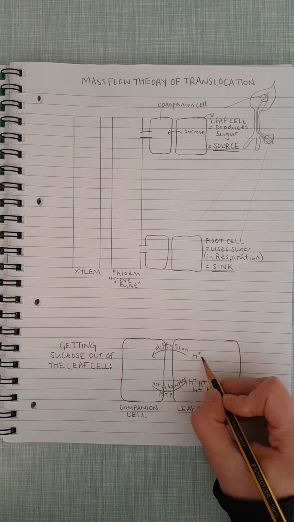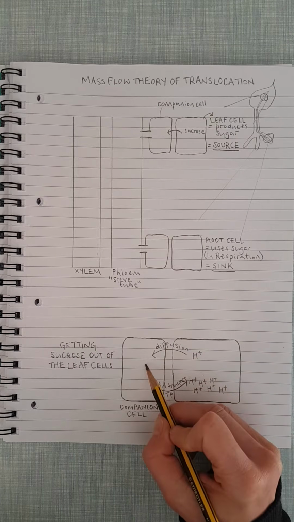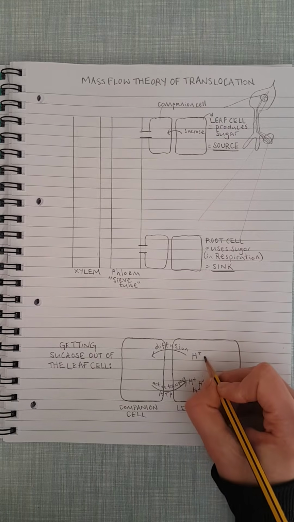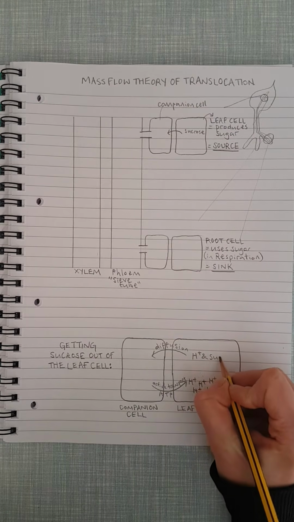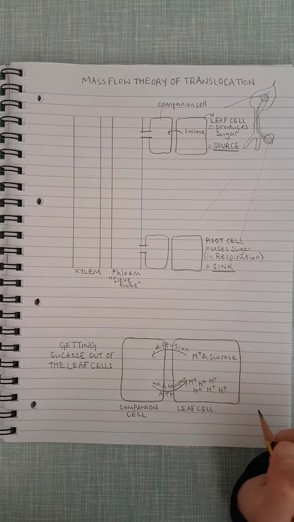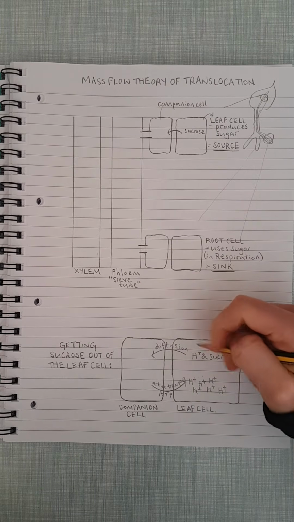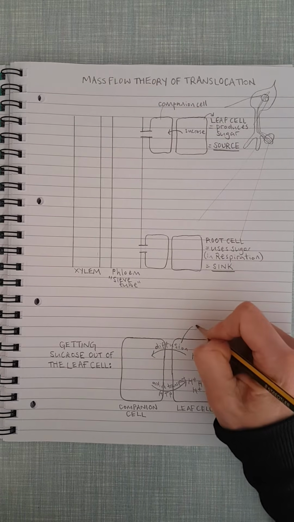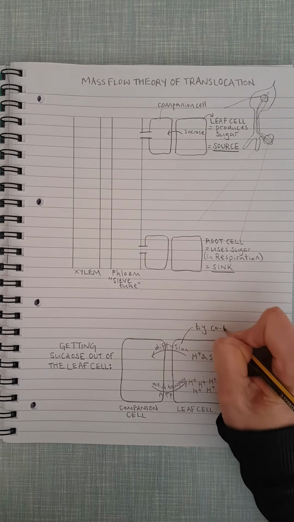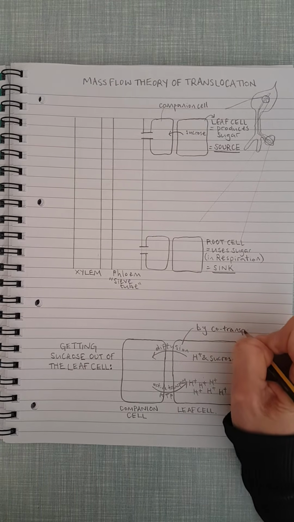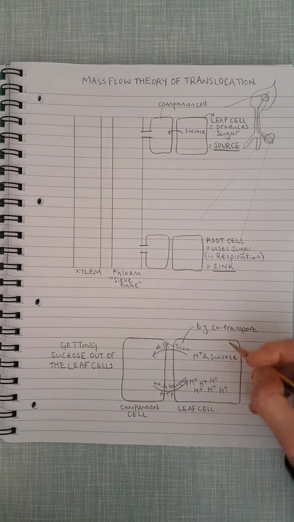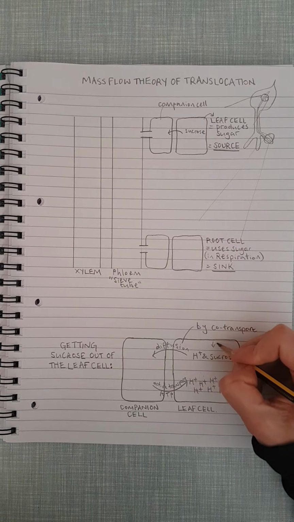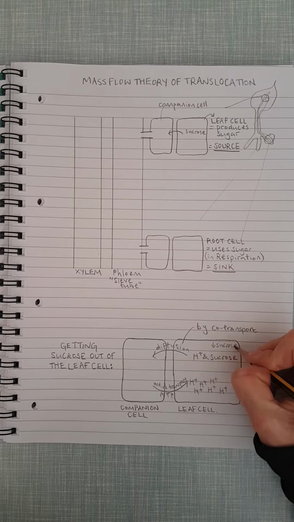Well, what happens is the hydrogen ions, when they diffuse back into the companion cell down a concentration gradient, take with them the sucrose. So what we have is an example of co-transport. So this is important because actually there's less sucrose here than there is here.